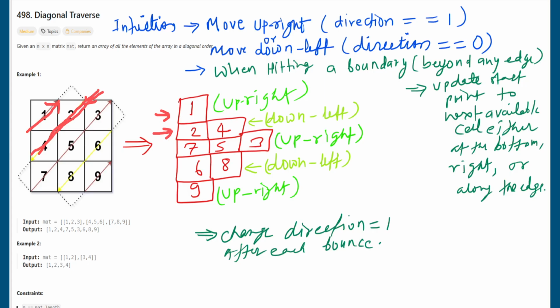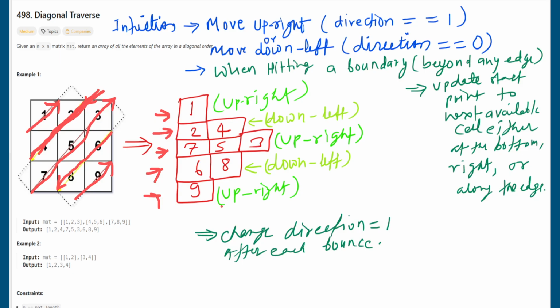Next, when we reach here, we get the upward direction, so we go upward and we get 7, 5 and 3. Similarly, we flip the direction again, reach here and get 6 and 8. And in the last, we go upright and we get 9.